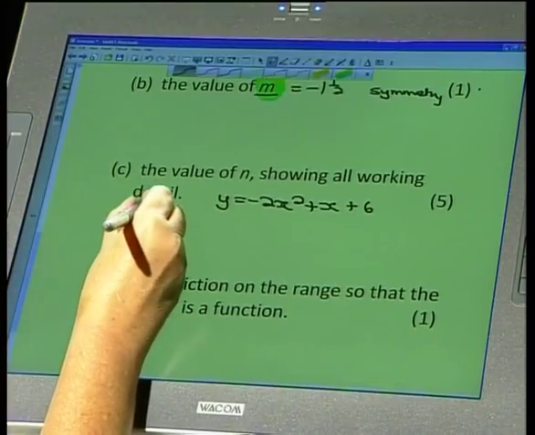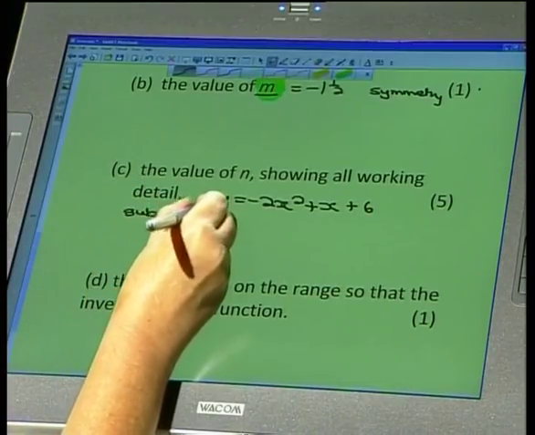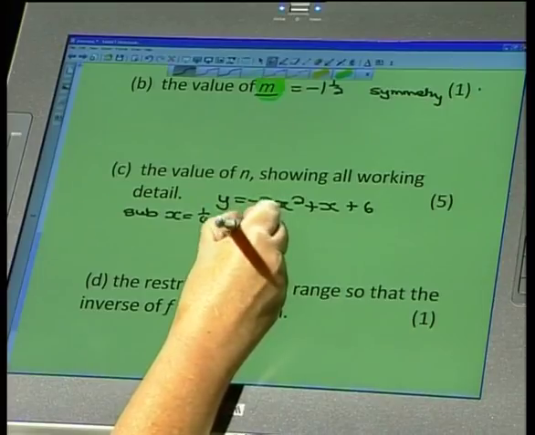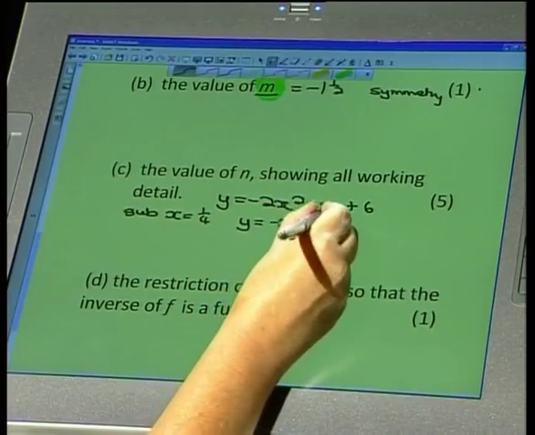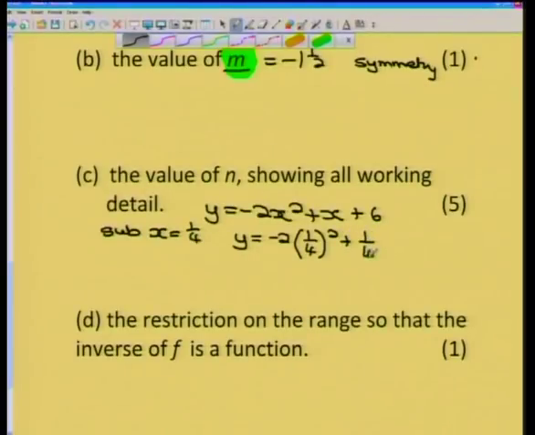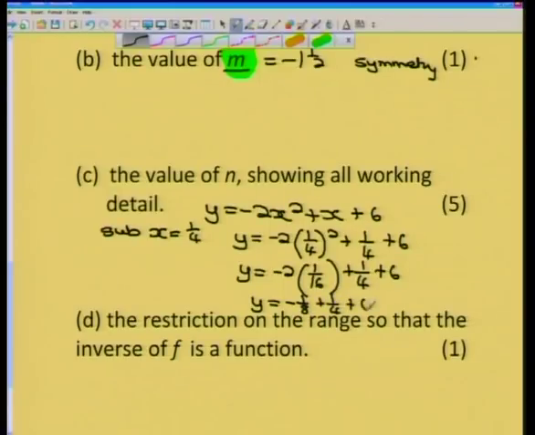Doing that, we've got y equals minus 2 (a quarter) squared plus a quarter plus 6, which means we have y equals minus 2 times, now a quarter squared is 1/16, plus a quarter plus 6. Which means we have y equals minus 1/8 plus a quarter plus 6.